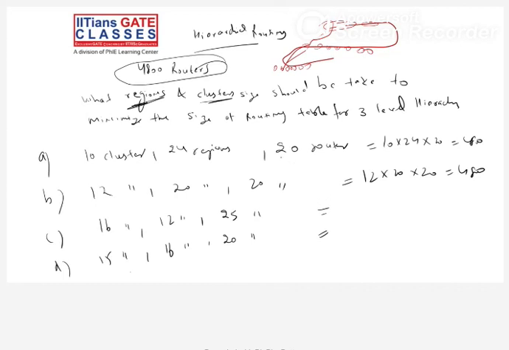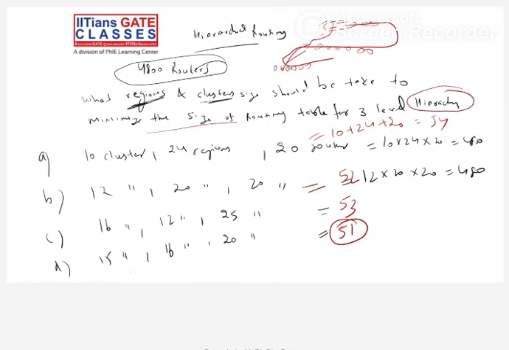So the options are: A, 10 clusters, 24 regions, and 20 routers. What is the meaning of this line? In each cluster 24 regions, in each region 20 routers. So 10 into 24 into 20 will be 4,800 always.